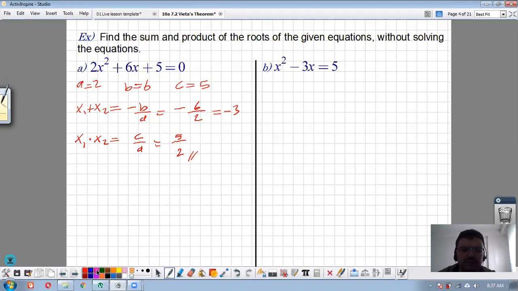Okay, do you realize any problem with the second example? Let's compare the first and second. How are they given? Remember this: in the first, the right side is equal to 0, but in the second, it is equal to 5, not 0.